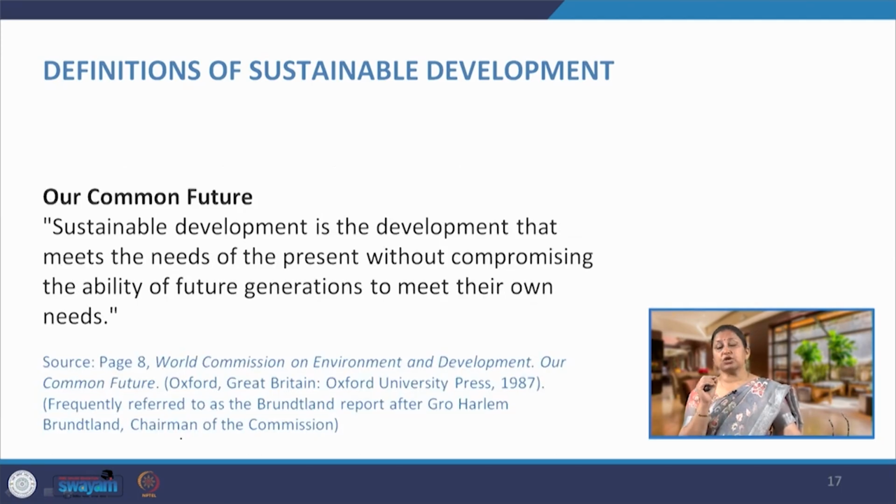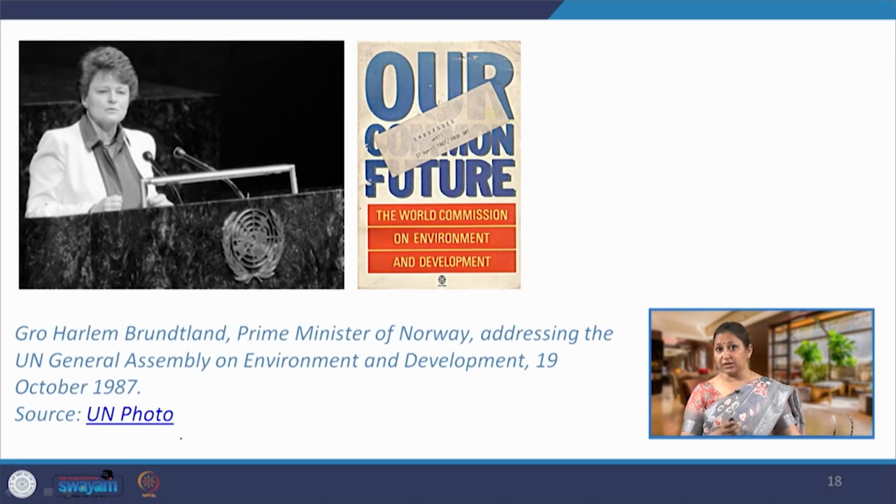The most commonly adopted definition of sustainable development was given in the report Our Common Future. We will come to the historical event when this report was published, but it clearly defined sustainable development as the development that meets the needs of the present without compromising the ability of future generations to meet their own needs.